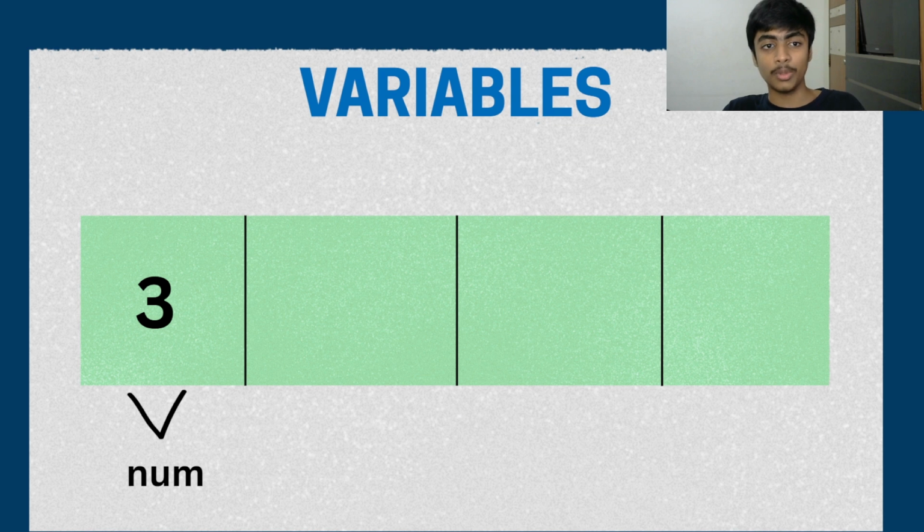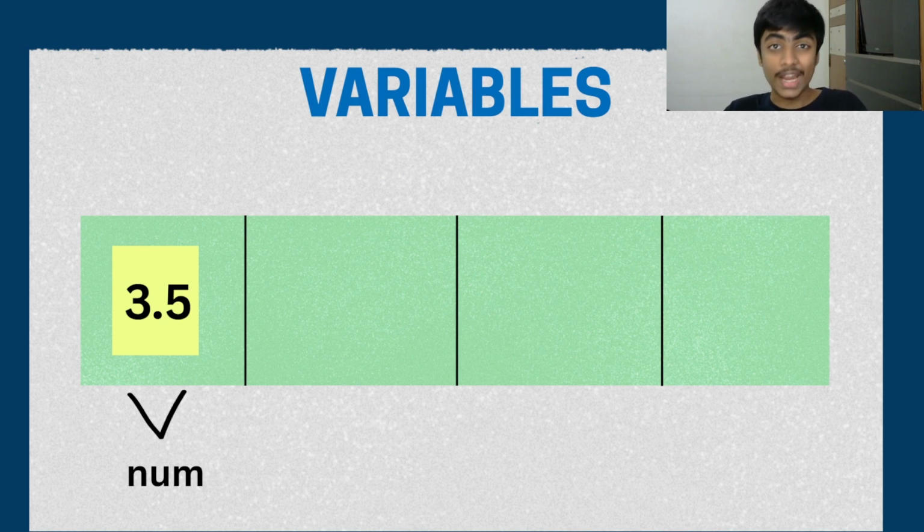Num is the name of the position of this value. Num is not the name of the value 3. So when we use num in our program, we're just using whatever value is in that position. So if the position had a value a, we're going to be using a. If it had a decimal like 3.5, we're going to be using 3.5. Basically, our variables can store values of any data type.